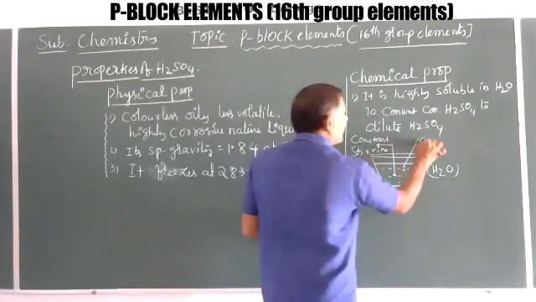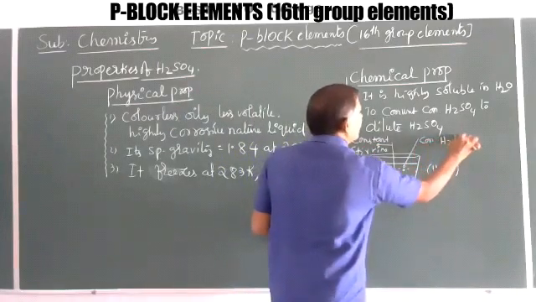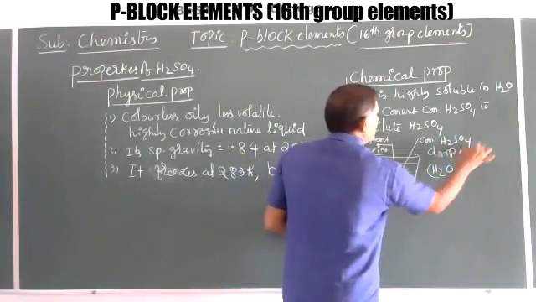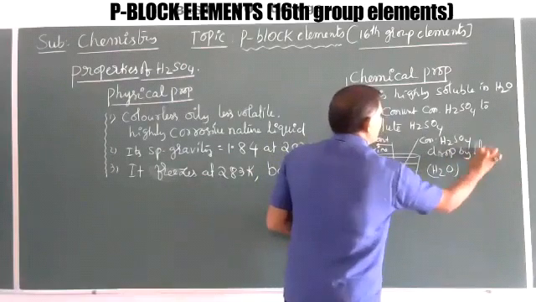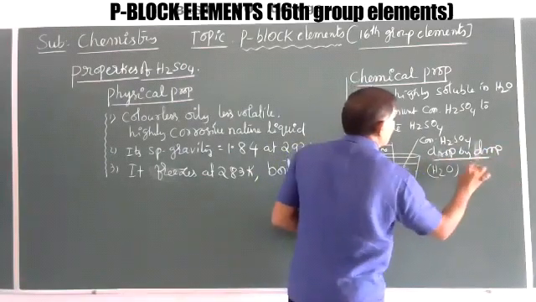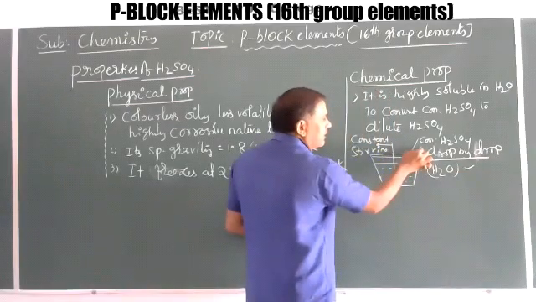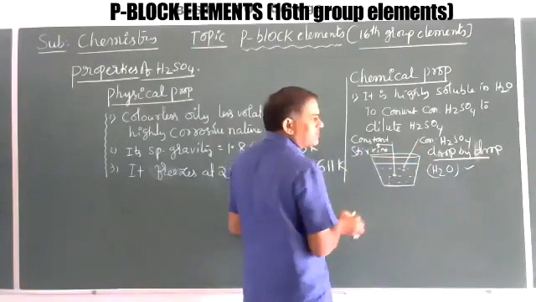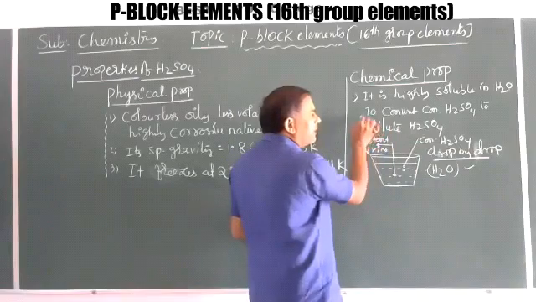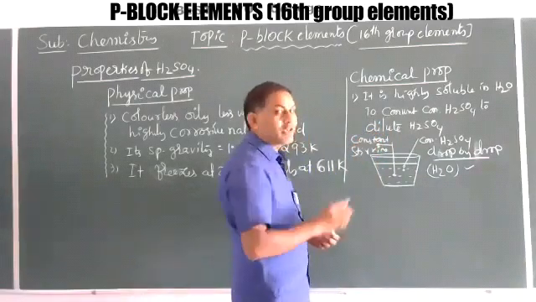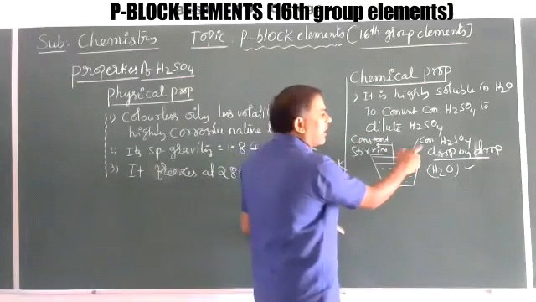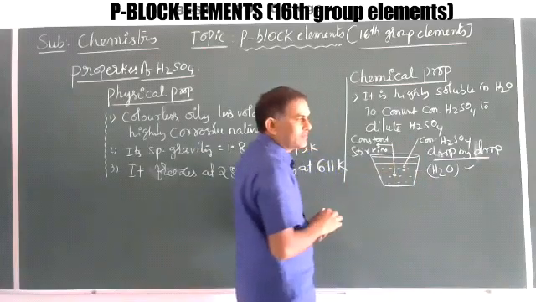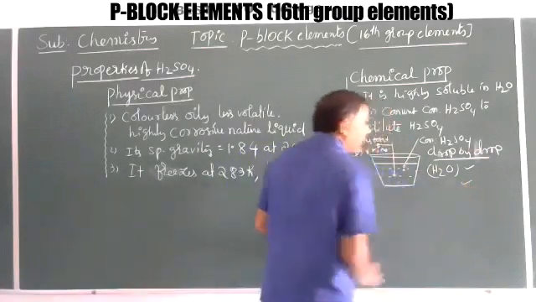Using a test tube, just add 1 drop and stir it. That's why while preparing dilute sulfuric acid, we must take care: always add concentrated H2SO4 in small quantity, drop by drop, into a large amount of water. This is the correct method to get the dilute acid.